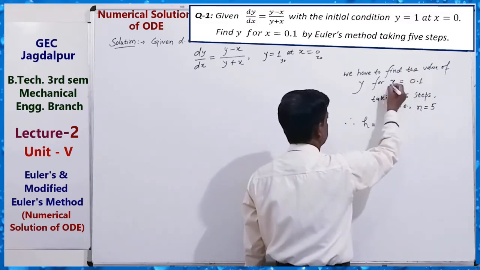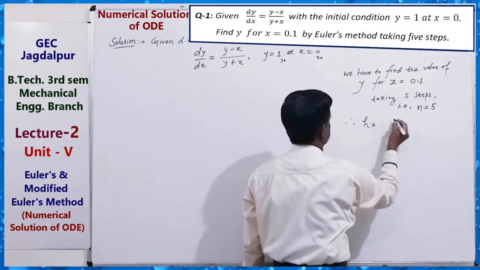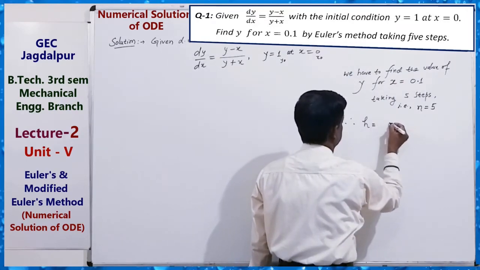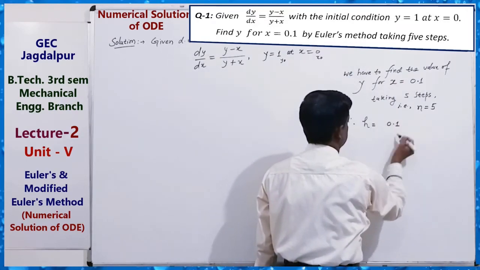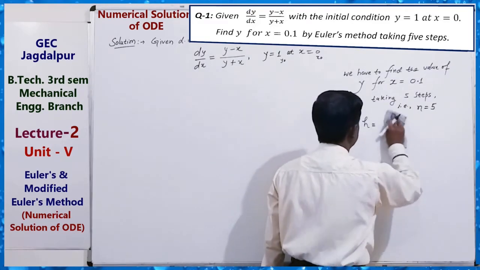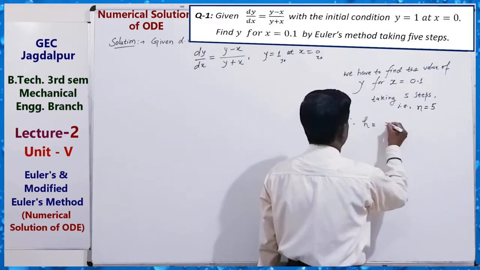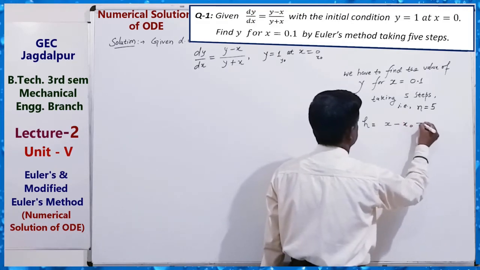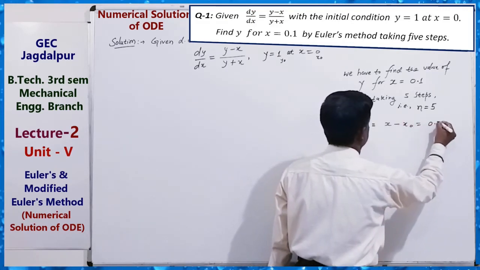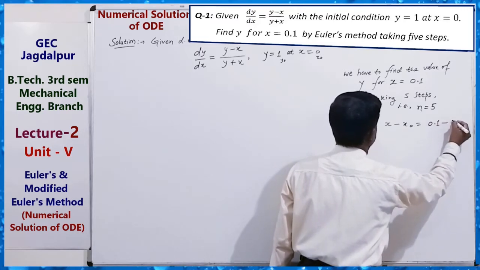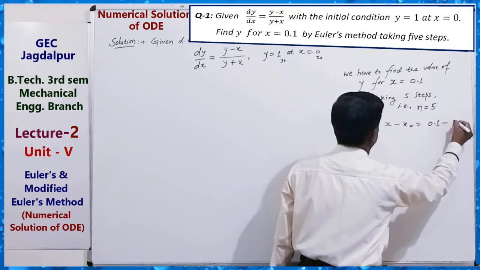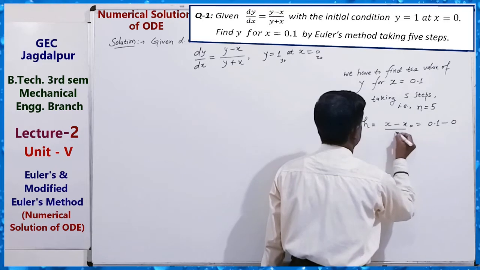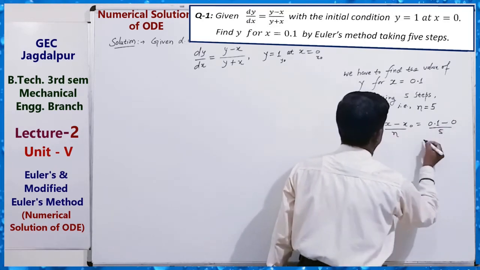Targeted value minus initial value, that is x minus x0, that is 0.1 minus 0, upon n, that is 5.